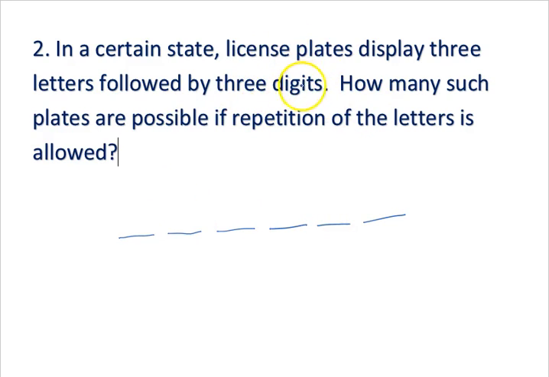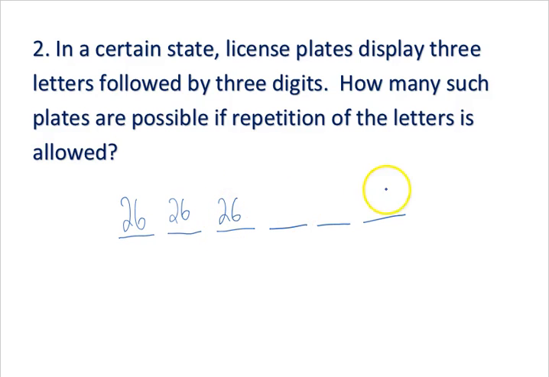The first 3 are letters, and so you just have to go with how many letters are possible, and there's 26 letters in the alphabet. And repetition is allowed, so that means I have 26 choices for each case, because I could use A and A if I wanted to, but I have 26 choices for each slot because none are restricted from me.